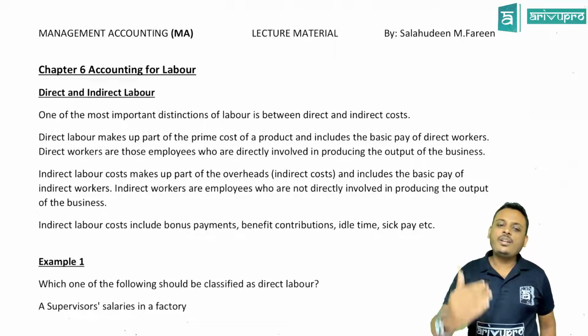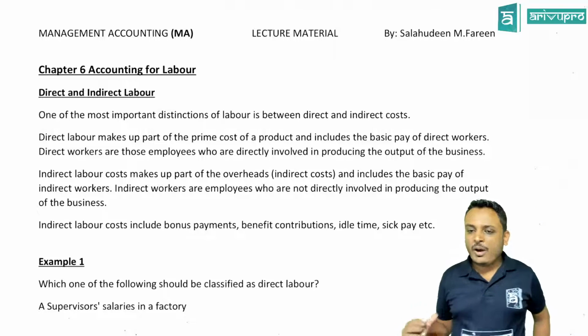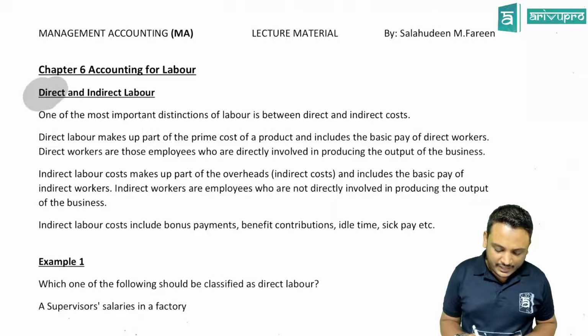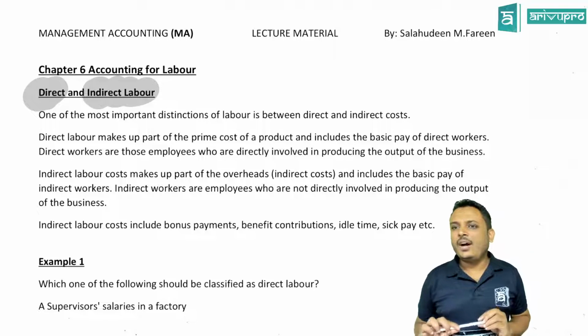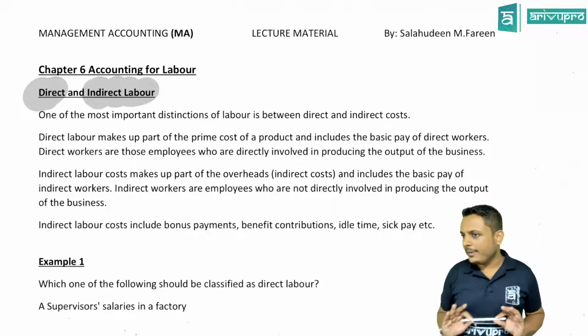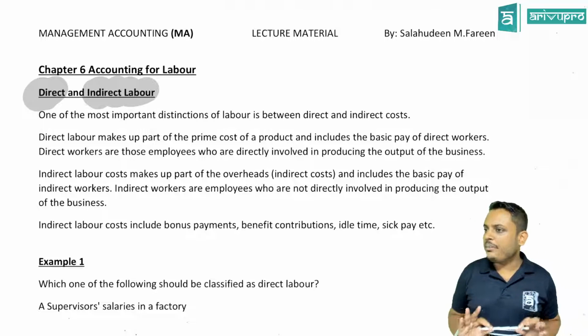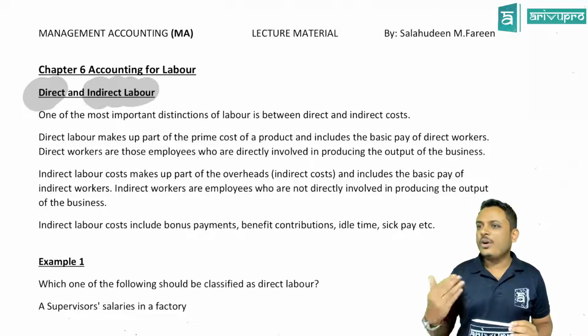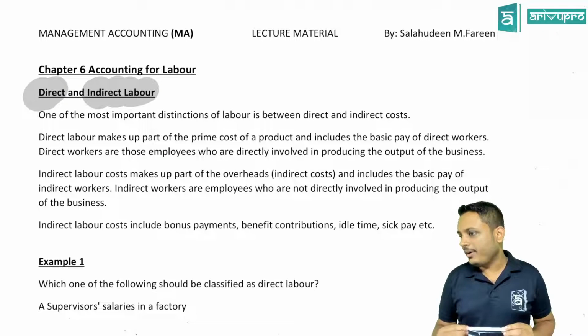So today we are going to discuss labor. Labor also we can classify as direct labor and indirect labor. In a factory, the laborers who directly contribute to the final output, that labor cost we call direct labor cost.